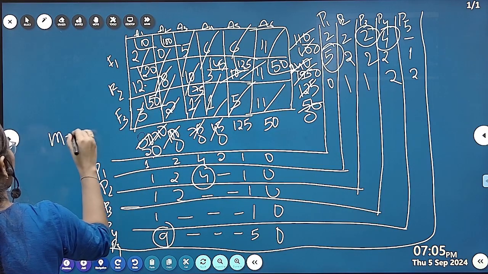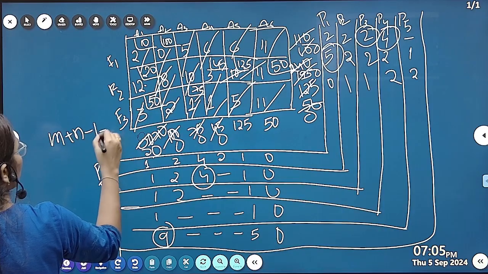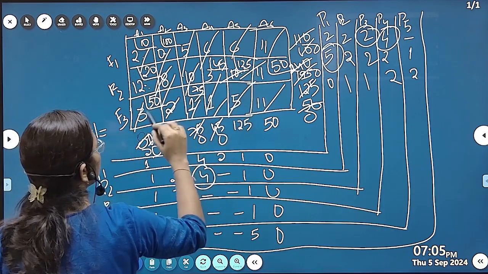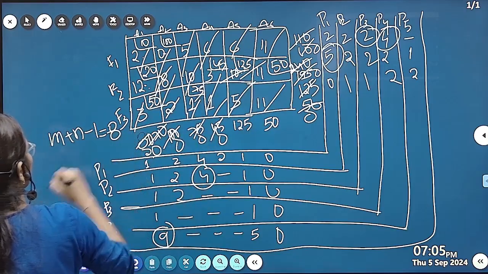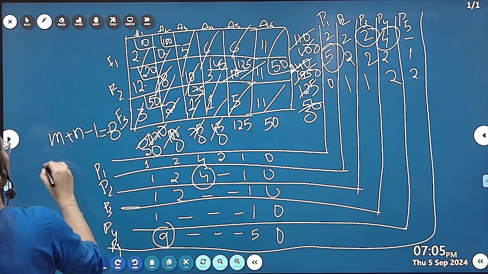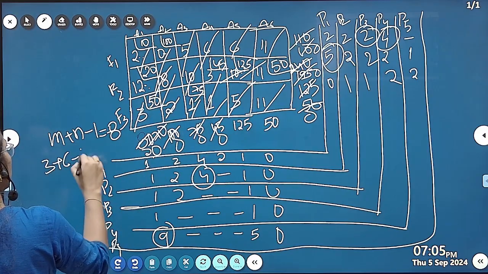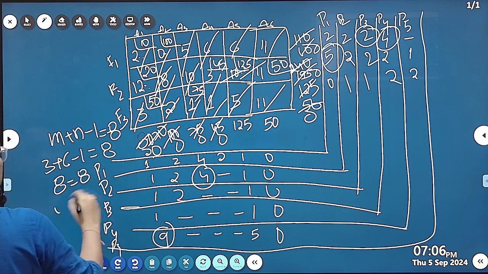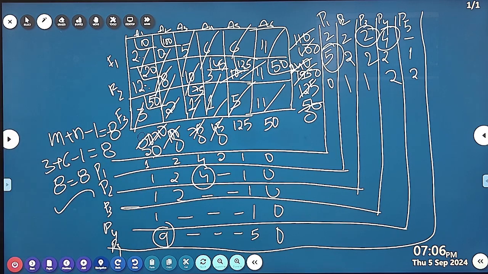So m plus n minus 1 is equal to 1, 2, 3, 4, 5, 6, 7, 8. So 1, 2, 3 and 6. So 3 plus 6 minus 1 is equal to 8. So 8 is equal to 8. So it's a feasible solution we got.